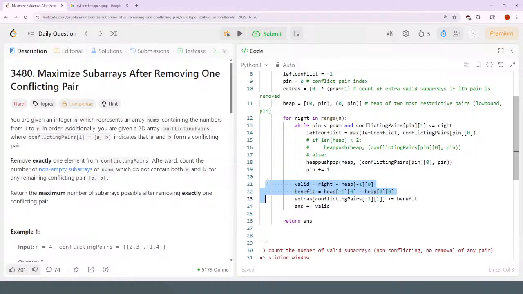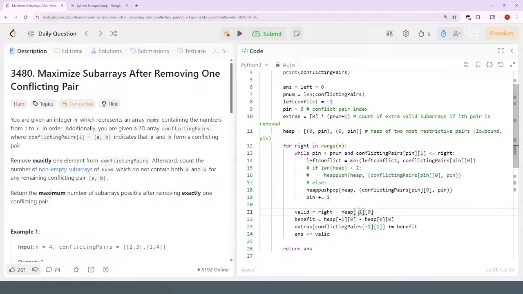So the valid's going to be right minus heap at -1. If it's empty, or just the dummy stuff, that'd be 0. If the right is 1, that'd be 1 minus 0, so everything's valid. And the benefit of removing that would be 0 minus 0, which is 0, so there's 0 benefit of doing that.